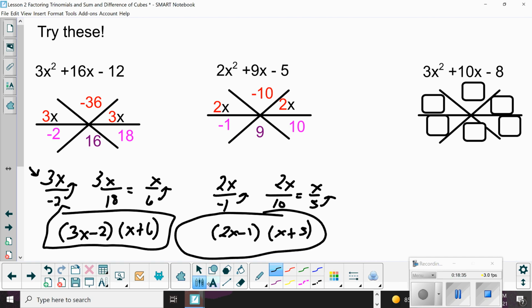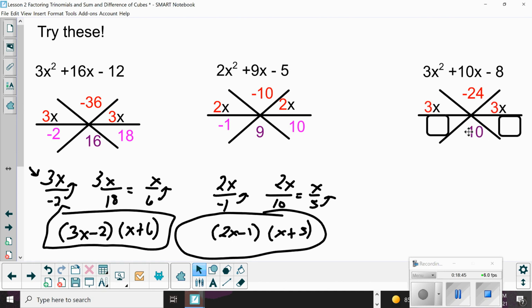Finally, over here, 3 times negative 8 is negative 24. We've got the 3x and the 3x because, remember, when a is not 1, I got to figure out how to break it up, okay? When it's 3 and 2, I know it's going to be 3x and 1x, but I got to know where the b values go, okay? So now, two numbers that multiply to negative 24 and add to 10.